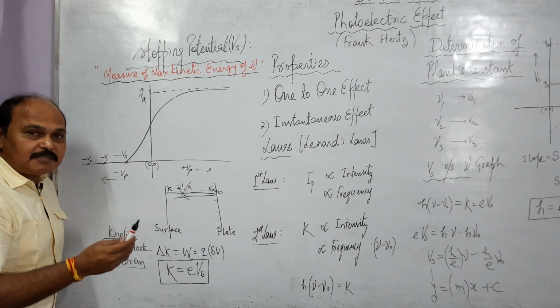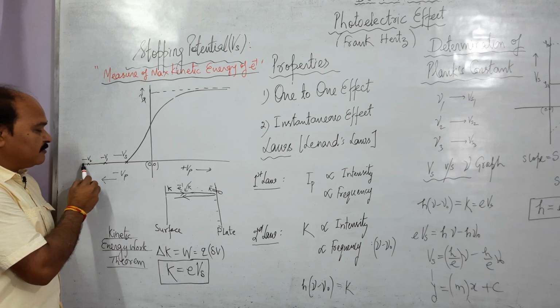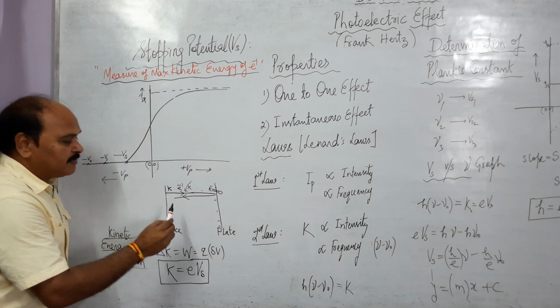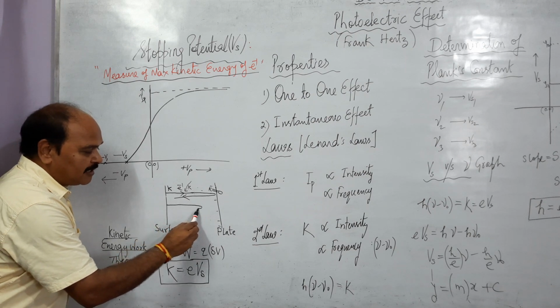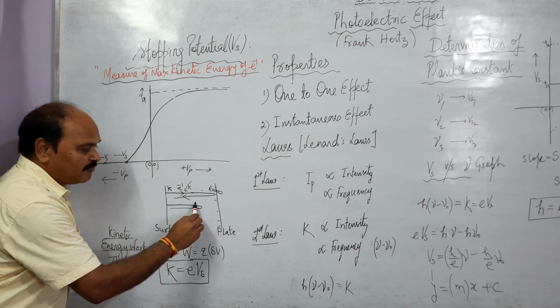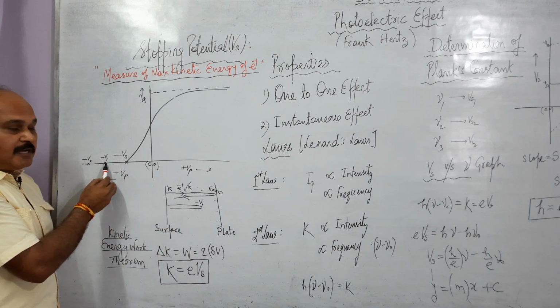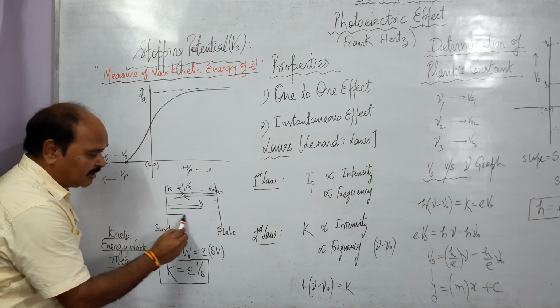If the potential is more than stopping potential, say minus V1, minus V2, then what happens? The electron at minus V1 starts its motion like this and returns from somewhere midway. When the negative potential is further increased, the electron returns like this.